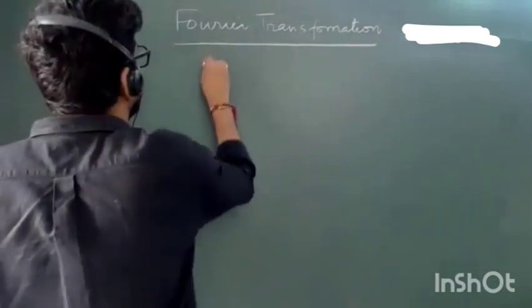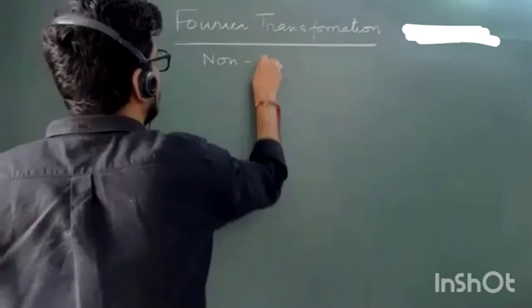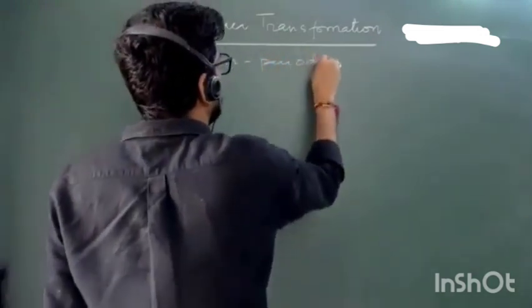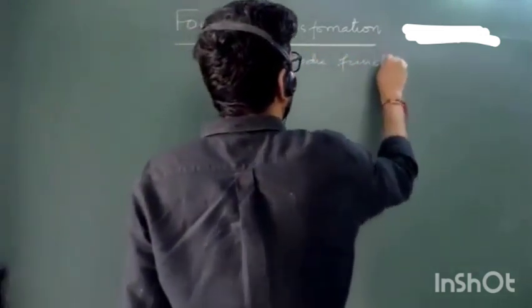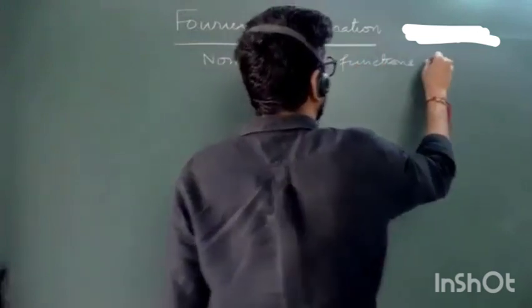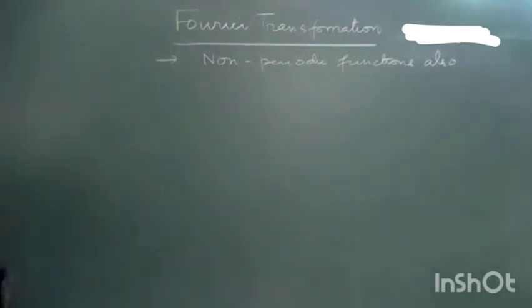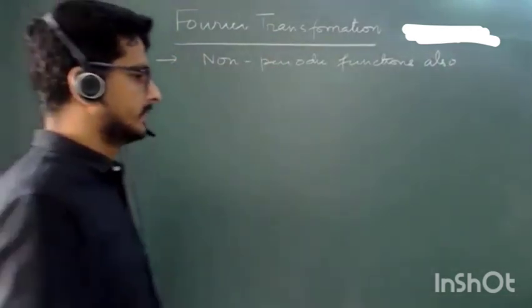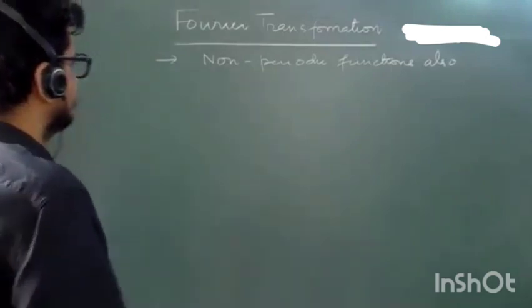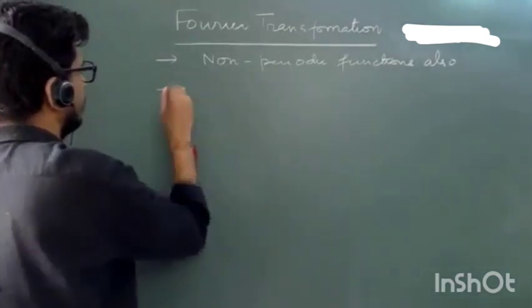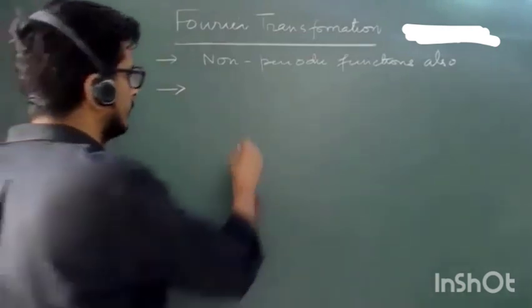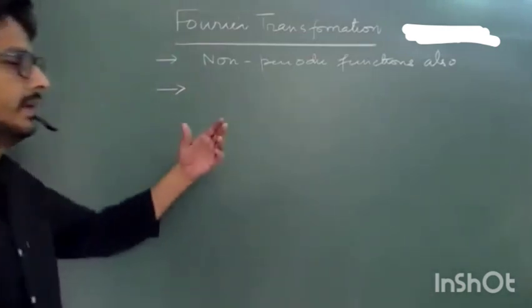So we can write Fourier transformation for non-periodic functions also. Okay, so this is the first point. And here what we are going to do is write a function into a different space.